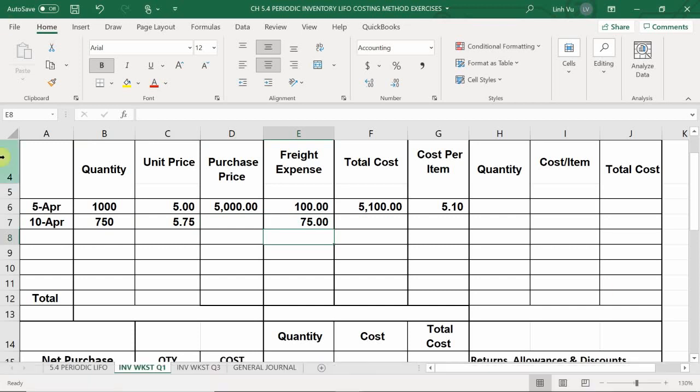So what's my total purchase price for this one? Okay. Plus $75.